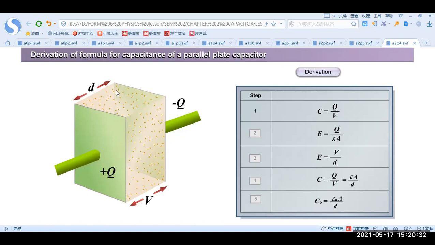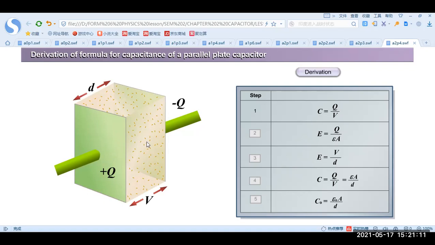What is the function of the object in between the two plates, which we call the dielectric? This dielectric functions as an insulator. It prevents the charge from jumping over. It prevents the electron, the negative charge, from jumping from the negative plate to the positive plate.